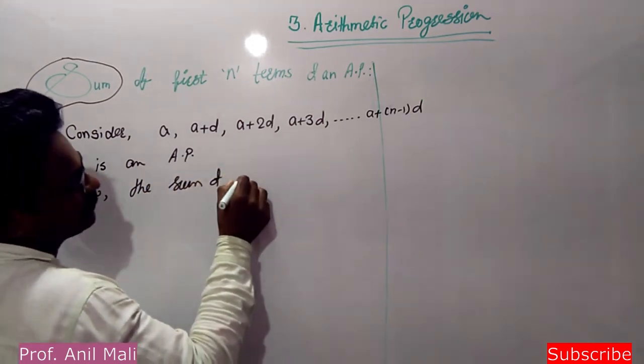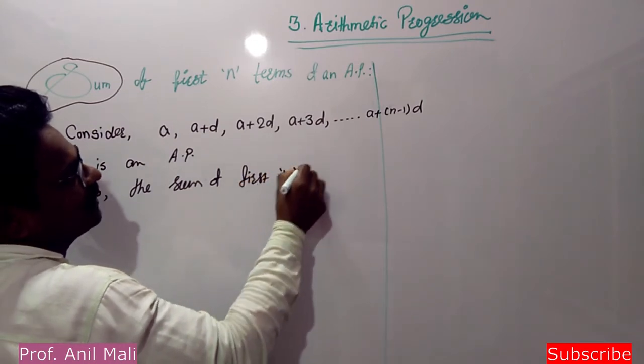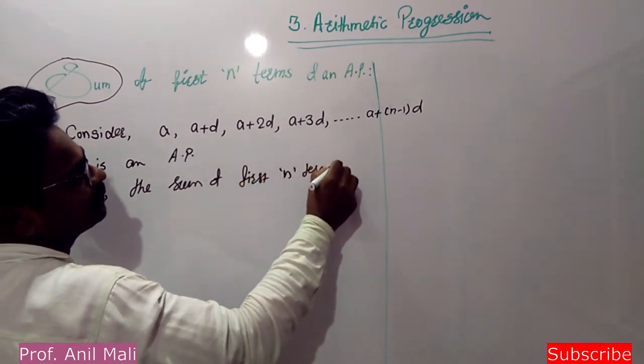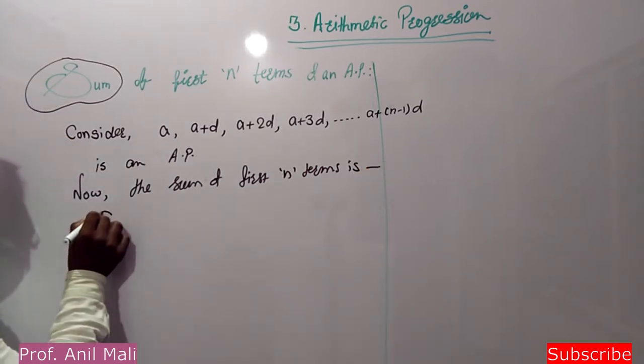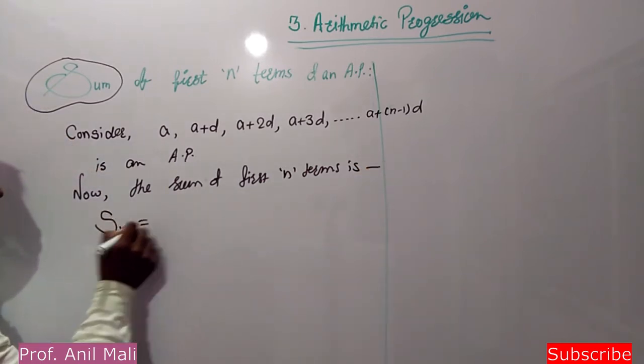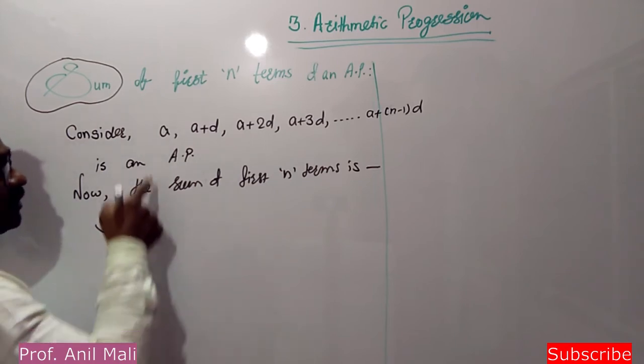Now the sum of first n terms is given by Sn. Sum of first n terms is equal to, which one is the first term?